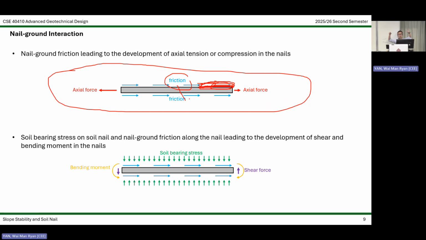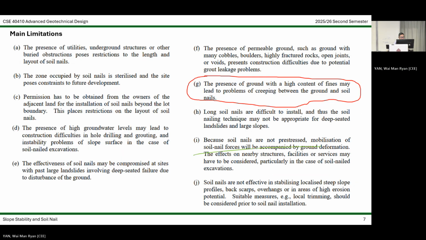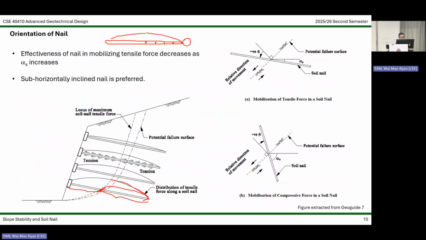Tonight when you go back home, take a chopstick. You think about pulling a chopstick at one end, so at the very end you develop friction and then you increase your tension, right? So there will be a point at which the tensile force along the nail will be maximum.